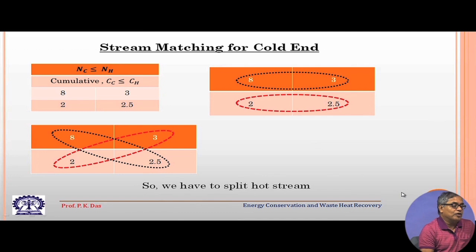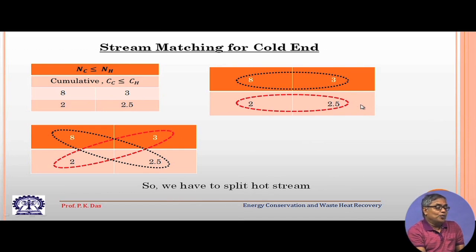Now, if we go for stream matching at the cold end, we find that NC is less than or equal to NH. So, that is one good thing we have found. This is satisfied, but for the cumulative CC and CH, this side is 8 and 2, these are the 2 streams, and the other side we have got 3 and 2.5.